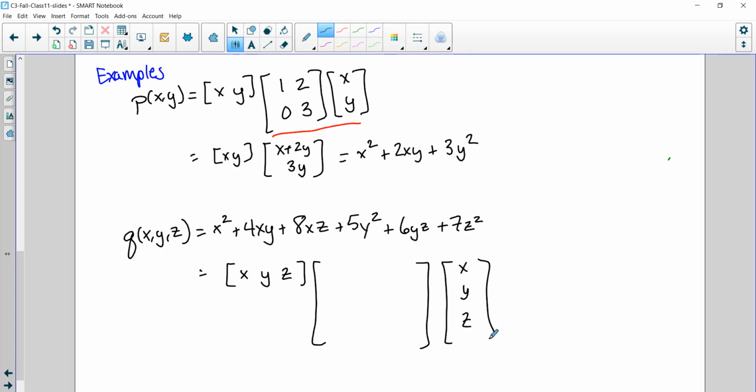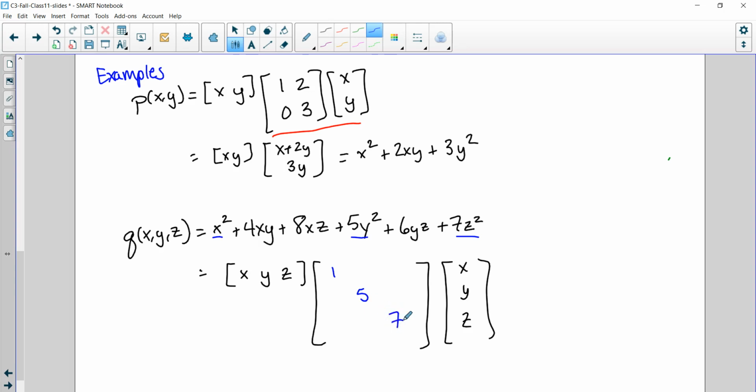This could be challenging to fill out. What I'm going to do is start with the squares. Those are going to lie along my diagonal. You can go back up and look at the definition to verify this, but I should have 1, and then 5, and then 7.